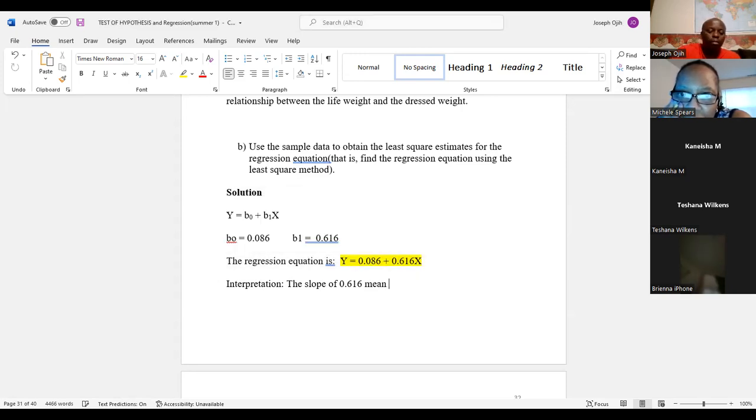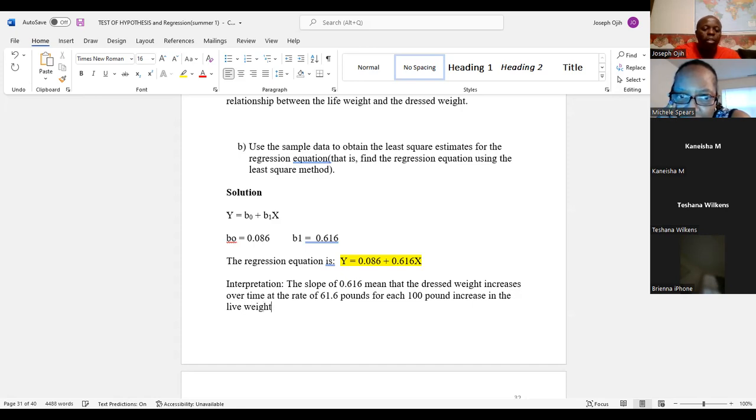So the slope of 0.616 means that the dressed weight increases at the rate of, remember all these are in hundreds, so this will be 61.6 pounds for each 100-pound increase in the live weight.